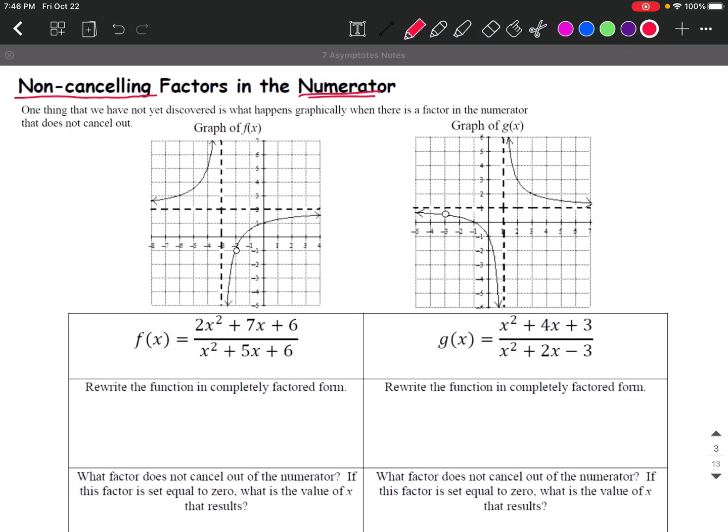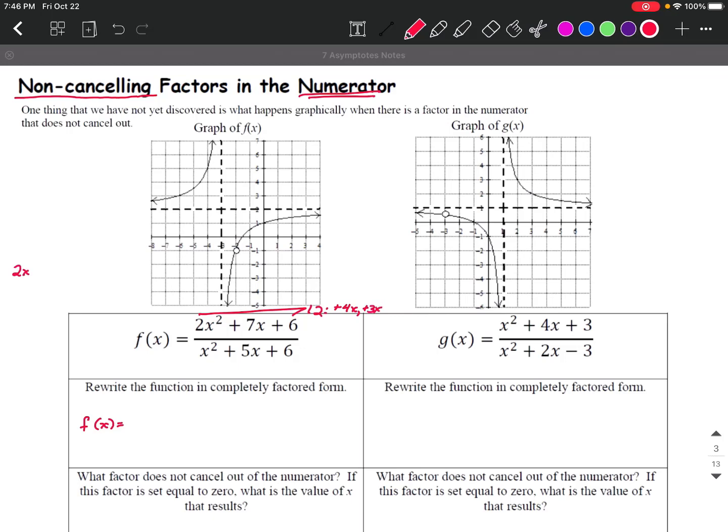Let's take a look at the function f of x and the function g of x. I've given you the graphs and the functions. Now we need to factor them. For f of x, if I have 2x squared plus 7x plus 6, 2 times 6 is 12. So I need two numbers that multiply to 12 and add to 7. That would be 4x and 3x, right?